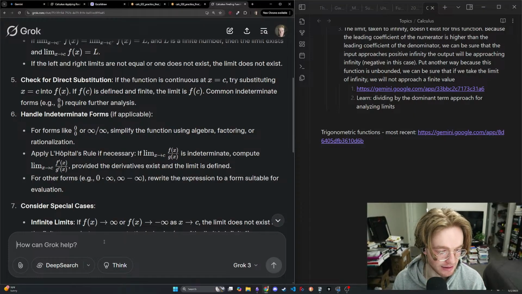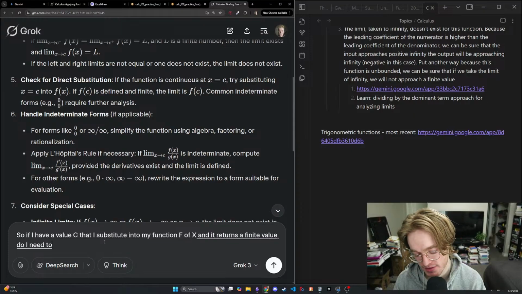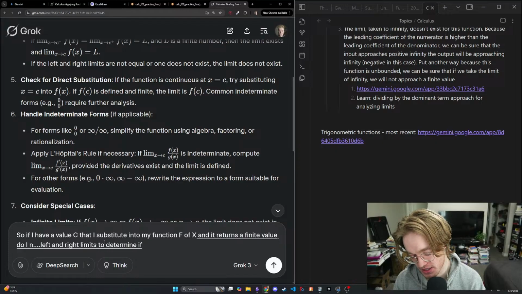So if I have a value C that I substitute into my function f of x, and it returns a finite value, do I need to check the left and right limits to determine if those exist and they equal each other?